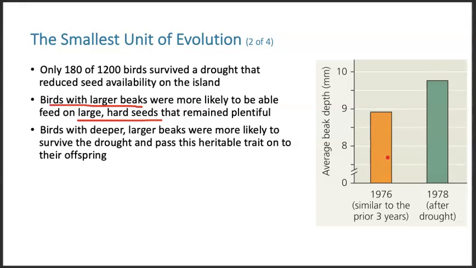So in 1976, the beak depth was, this is in millimeters, just under 9 millimeters. And after the drought, which happened in 1977, the average beak depth was well over 9.5 millimeters, so getting close to 10 millimeters.